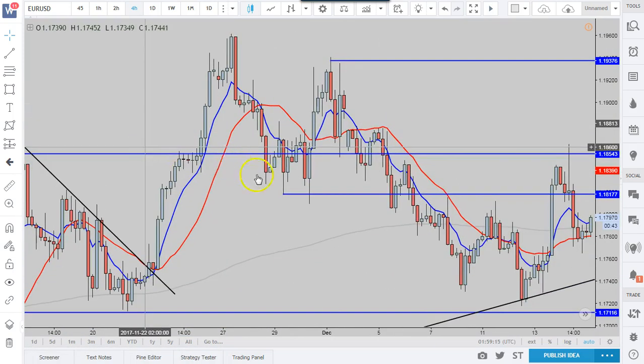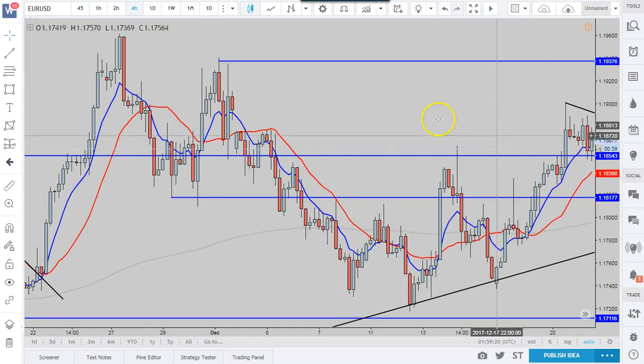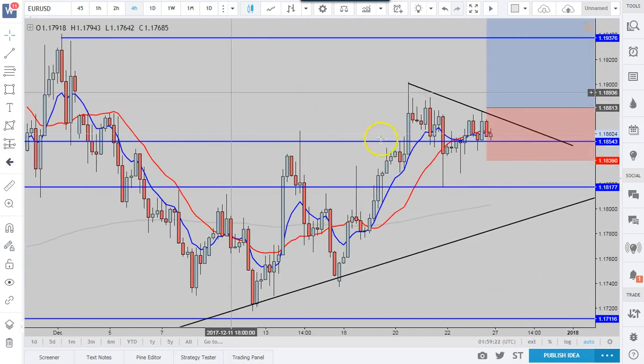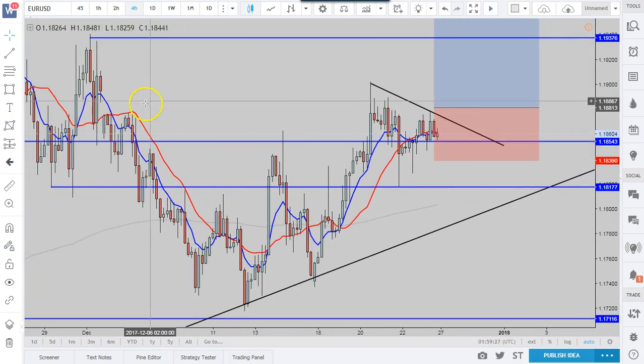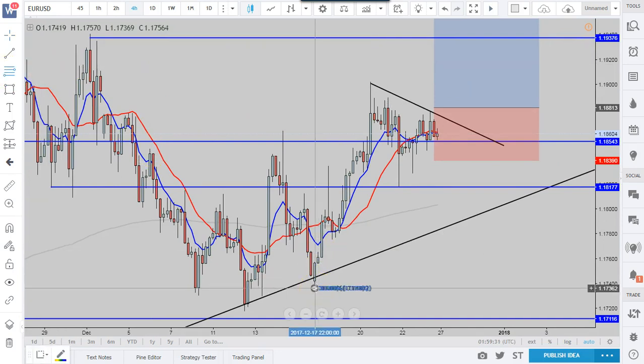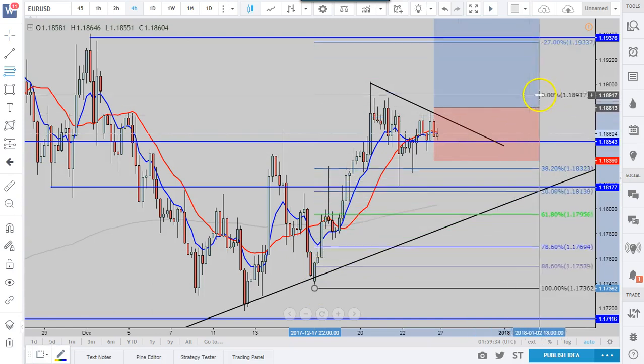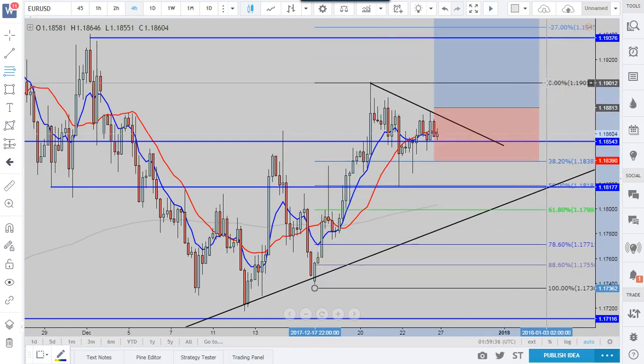Let me look for another example. Okay, also we have a potential buy setup on this. I have my Fibonacci tool from the swing low to the swing high. We have the support right here, and then price touched the 50% retracement, and I have my counter trend line drawn.